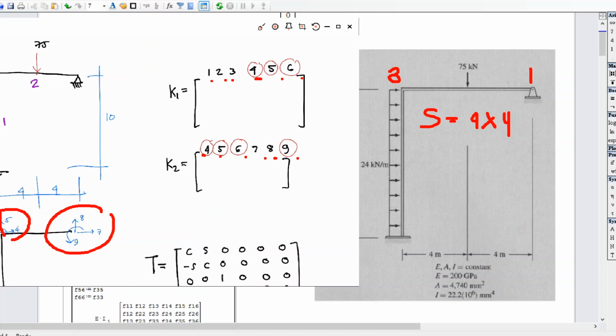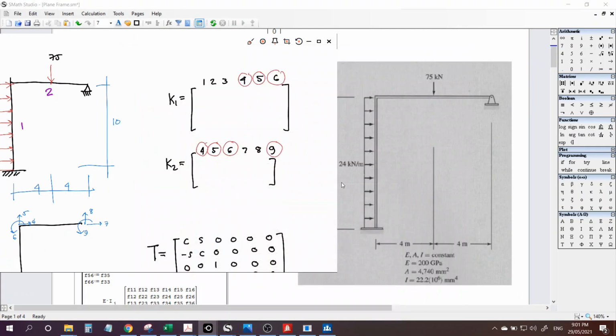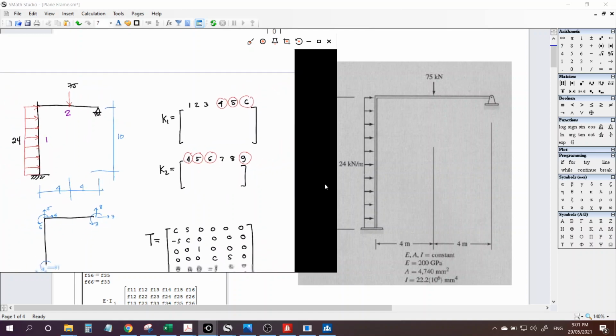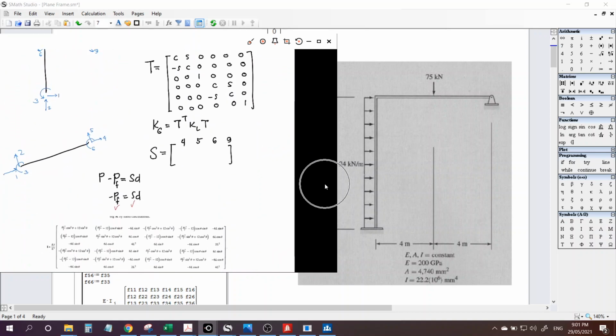We have 4 unknowns, and that code is 4, 5, 6 here plus 9, the one corresponding to rotation. So the S matrix code will correspond to 4, 5, 6, and 9.